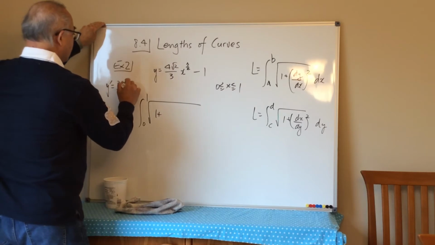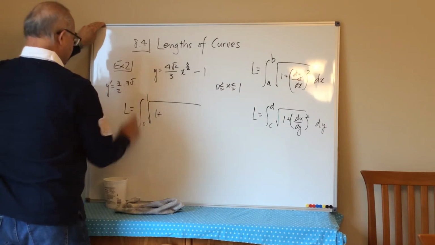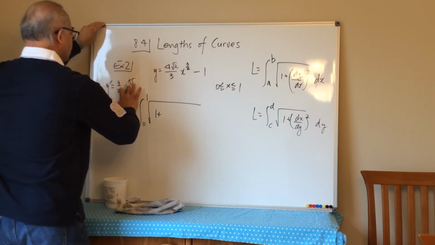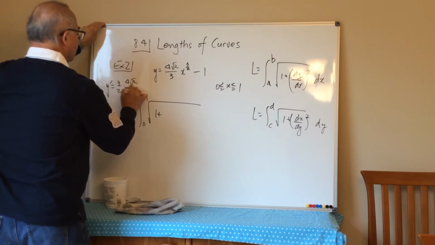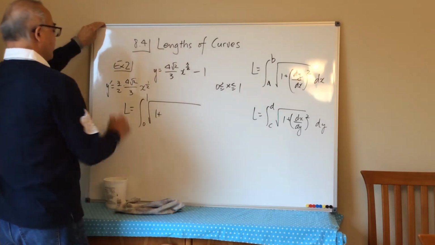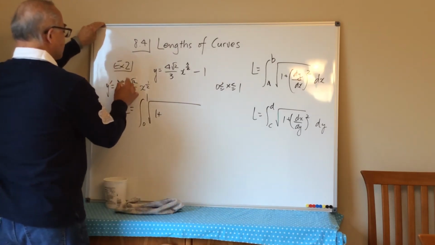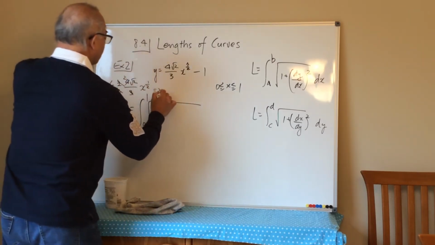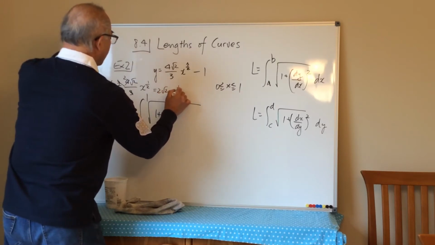y prime is equal to what? This was 4 root 2 over 3, x to the 3 halves. The 3 goes away, this becomes 2, so I get 2 root 2, x to the 1/2.